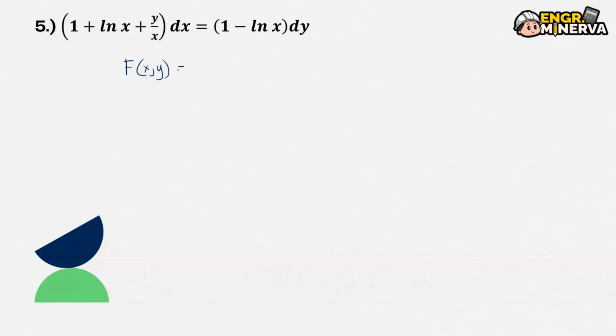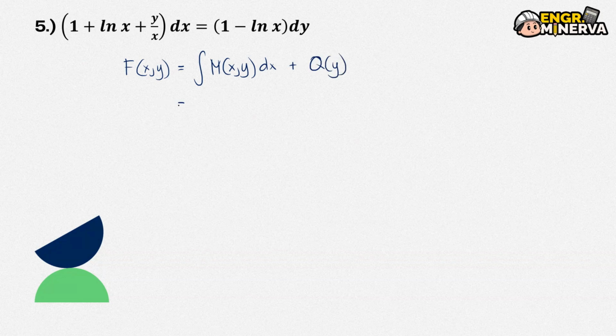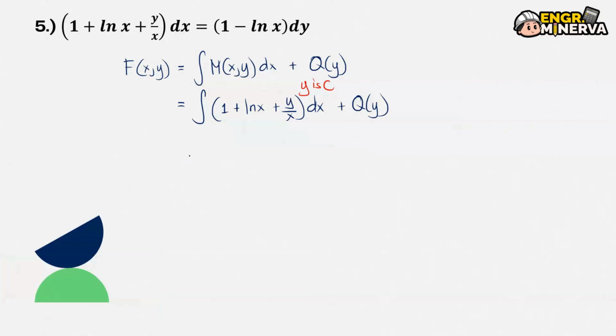That would be equal to the integral of M as a function of x and y dx plus q of y. So what is our M? That would be the integral of 1 plus ln of x plus y over x dx plus a function of y. Since we are integrating with respect to x, y is constant, so we distribute.